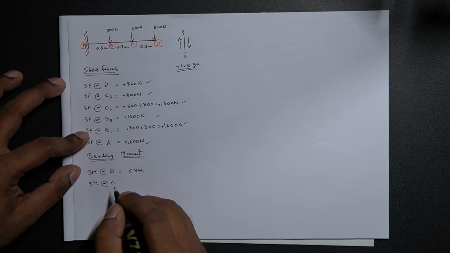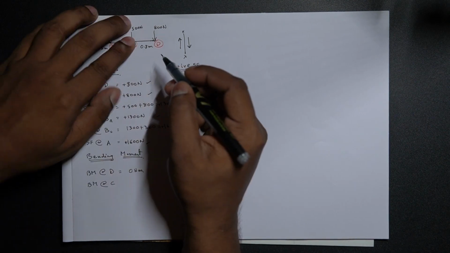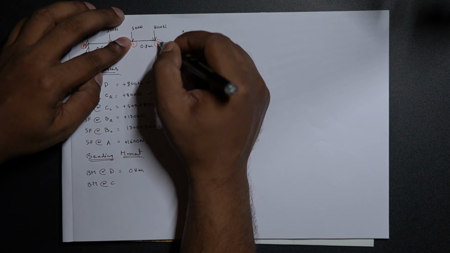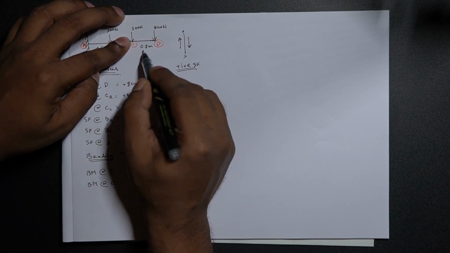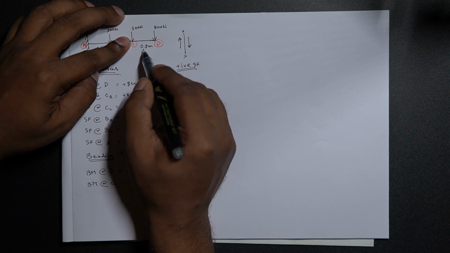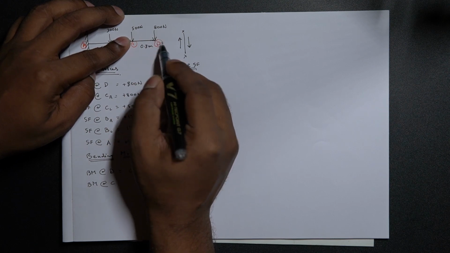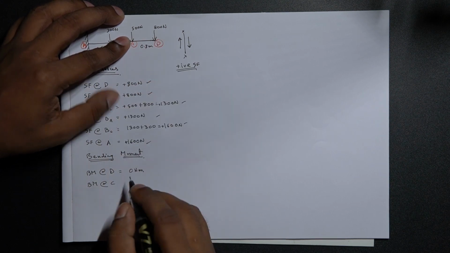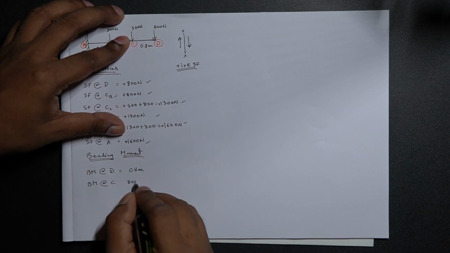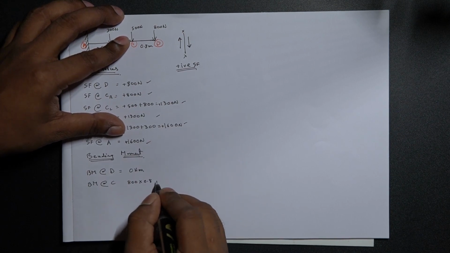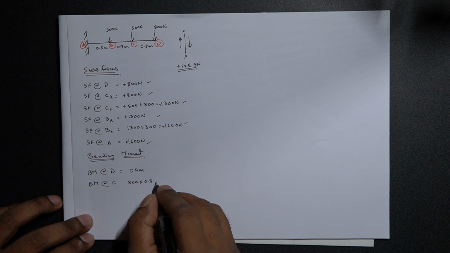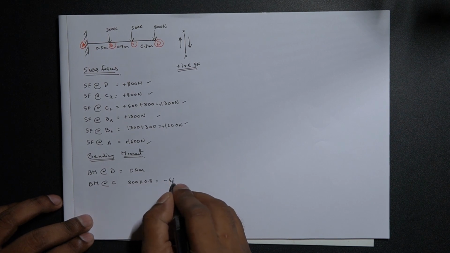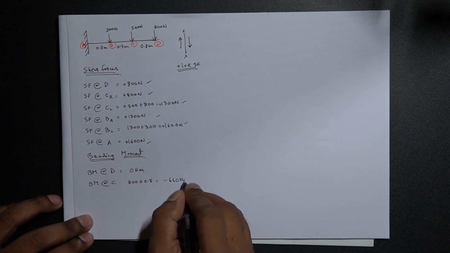Bending moment at C. Now at point C, we have 800 Newton acting at one end along with the lever arm. Now we have a dimension for that particular lever arm, that is 0.8 meter. So it is 800 times 0.8, that should give you 640 Newton meter.